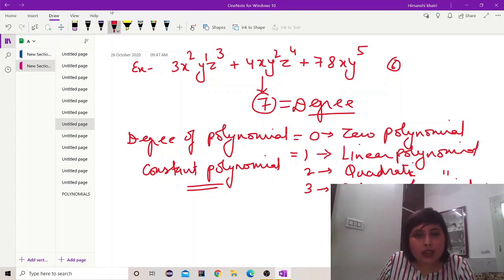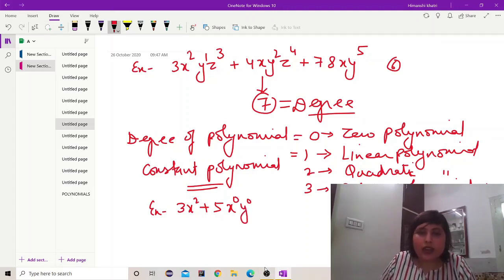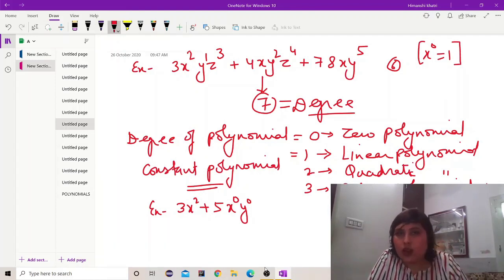I'm writing an expression like this: 3x square plus 5. Now can you explain what is written here or what is hidden? Here can we write x to the power 0, y to the power 0? Yes, we can write like this, because anything raised to the power 0 gives 1.